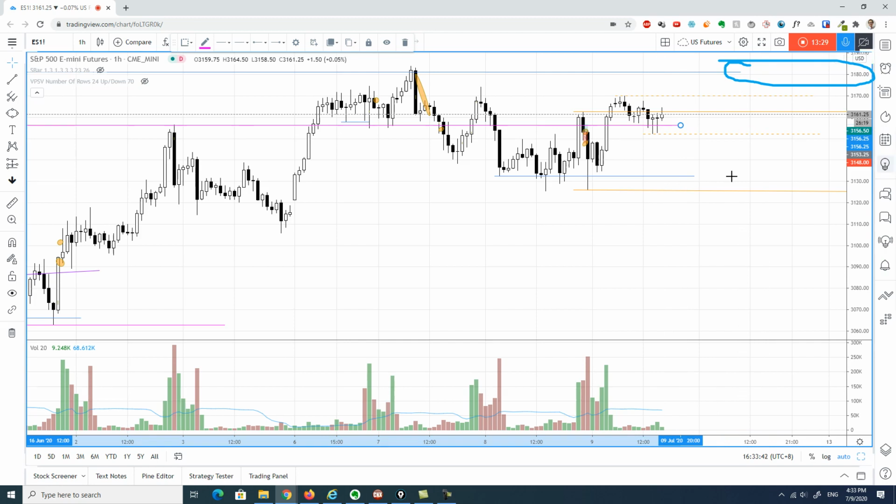So this is another support level, 3150, and subsequently maybe 3145. And eventually, as long as it can still hold above this 3130 level, I definitely have a bullish view, and it should test the higher targets at 3180 and eventually 3230 if it can commit above the 3180 level. All right, so that's the bias, the key levels, and also the potential setup of looking for a long entry.